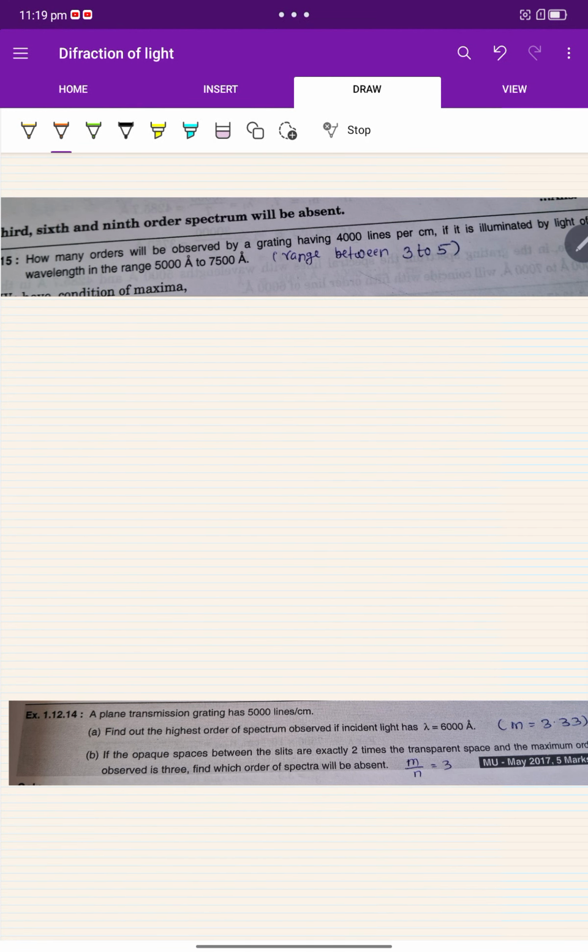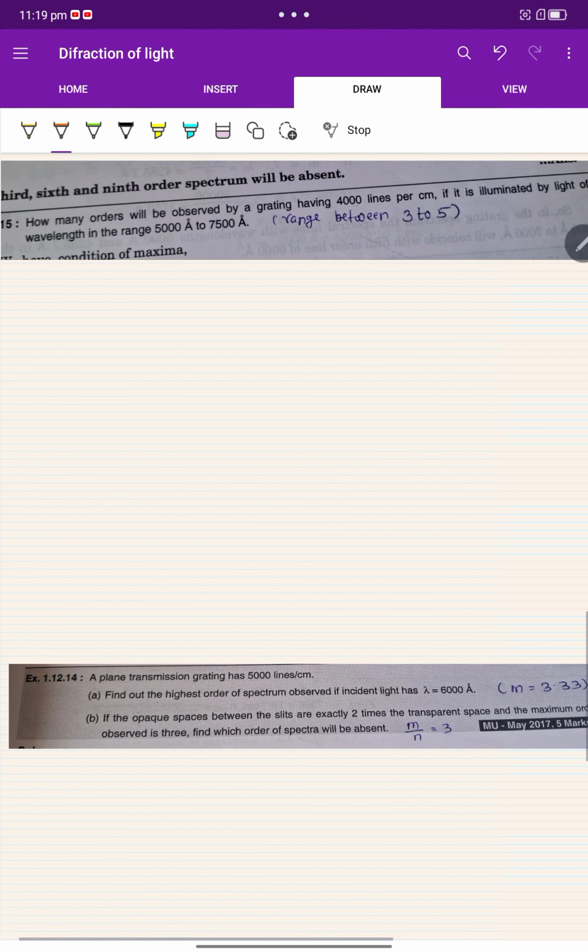How many orders will be observed by a grating having 4000 lines per centimeter if it is illuminated by light of wavelength 5000 and 7500? So we'll write the grating formula. We have given number of lines per centimeter, so A plus B is 1 divided by 4000.